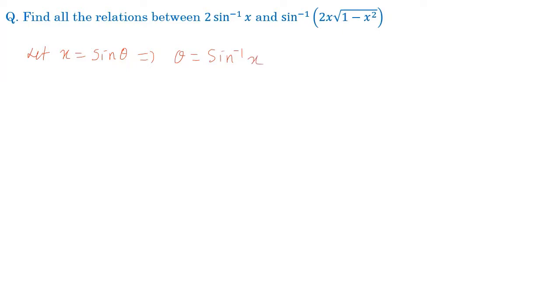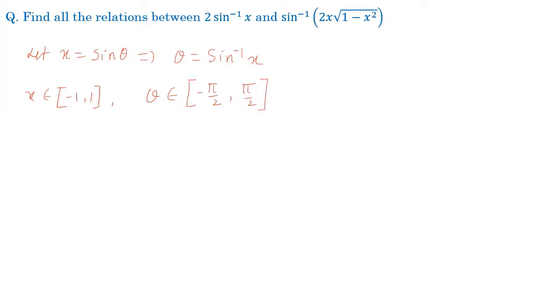As well, here x is between minus 1 and 1, and theta belongs to minus pi by 2 up to pi by 2. This is the range of the principal branch.